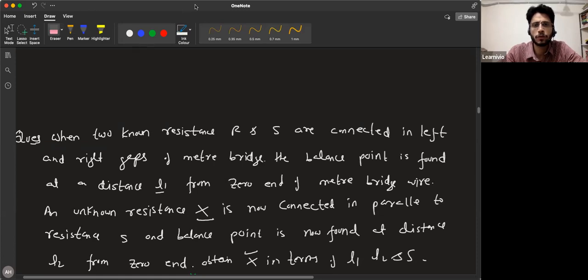Nabil Khan, you still have doubts in this topic? Sir, could you say how on interchanging R1 and R2, the balancing conditions don't change? Balancing condition doesn't change on changing the galvanometer and cell, not R and S. On changing R1 and R2, the balancing condition was changing.